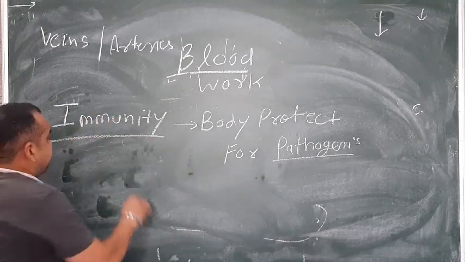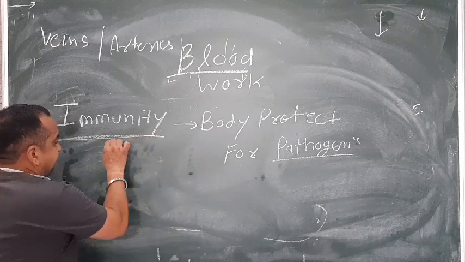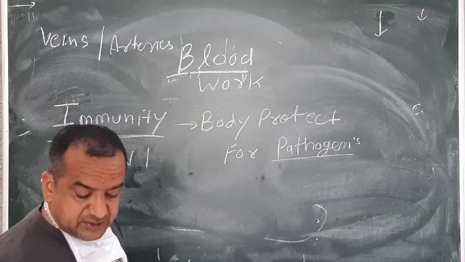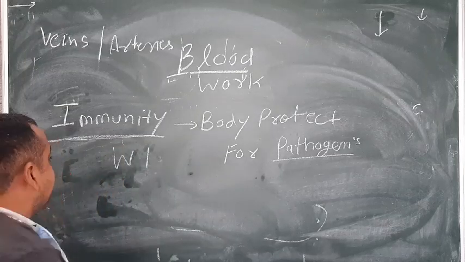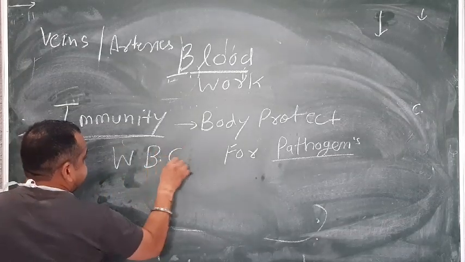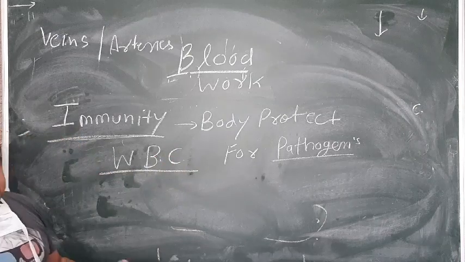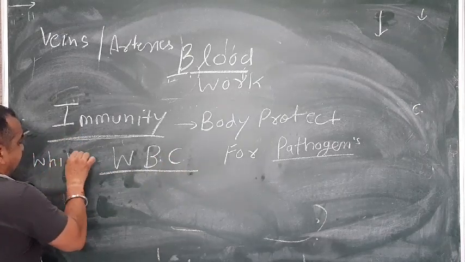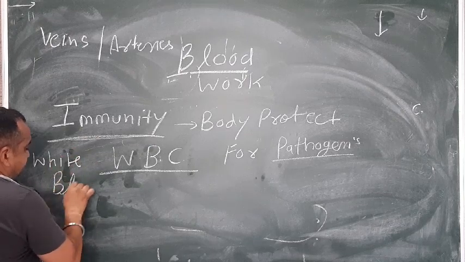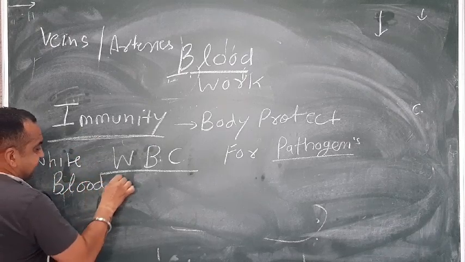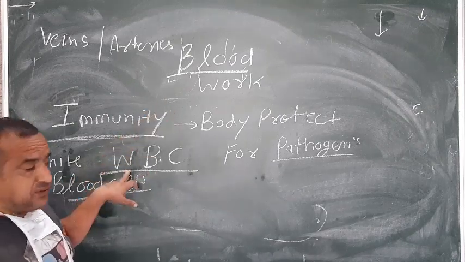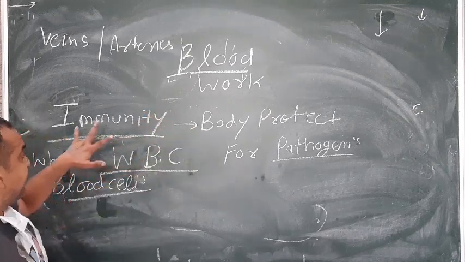In our body, immunity is done by a special part of our blood known as WBC. WBC stands for white blood cells. We will study this part of blood. First we know about immunity.